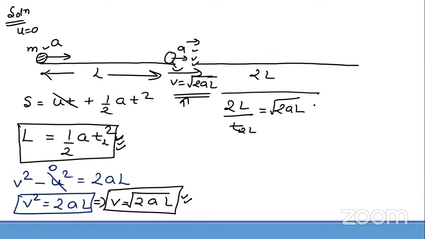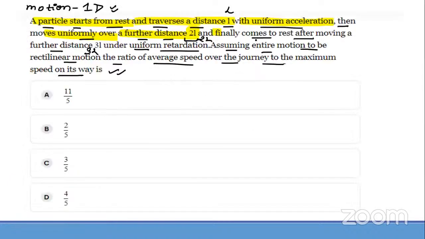Now let me contain this equation in a box like this. Okay, that's fine. We have T_L time, we have T_2L time. Fine. Let us see the third part. At third, it says finally comes to rest after moving a further distance 3L under uniform retardation. So students, what is this?